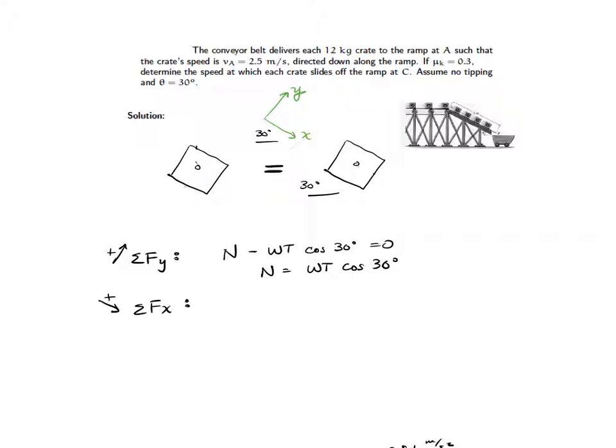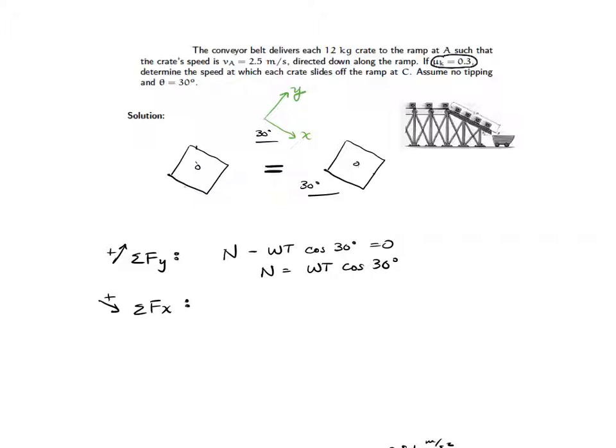All right, our last example here, we've got a conveyor belt delivering a crate to the ramp at A such that the crate's speed is 2.5 meters per second directed down the ramp. If the coefficient of kinetic friction is equal to 0.3, determine the speed at which the crate slides off the ramp.